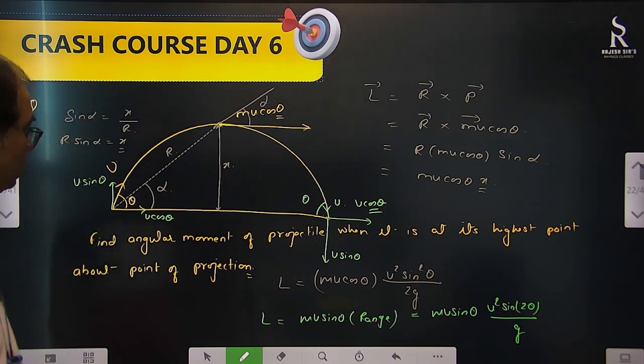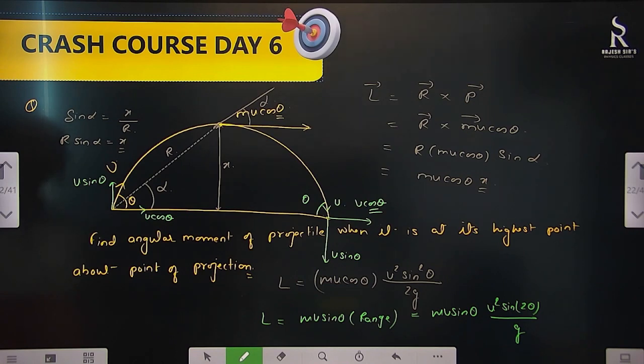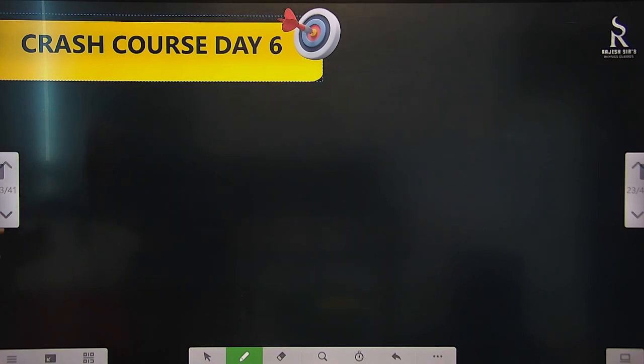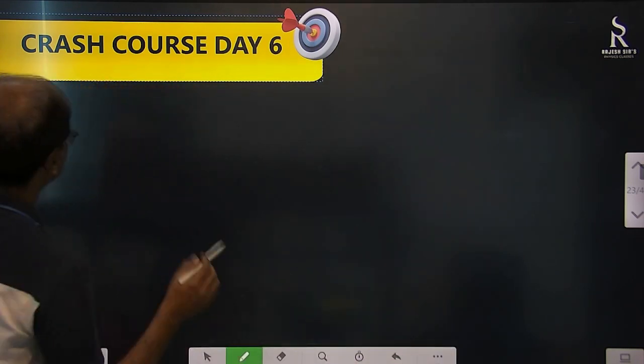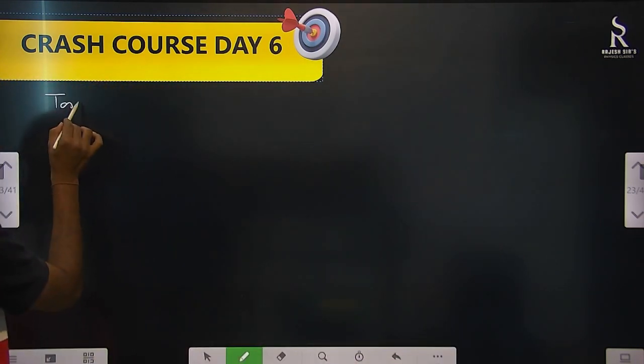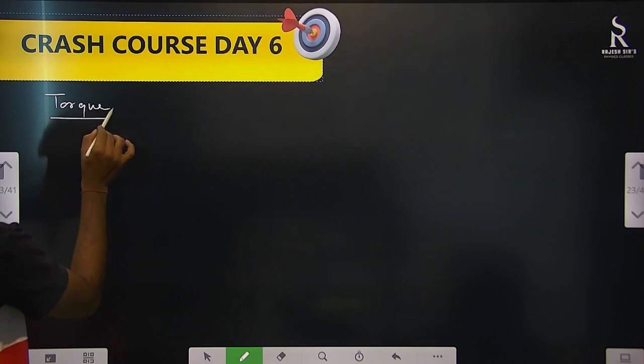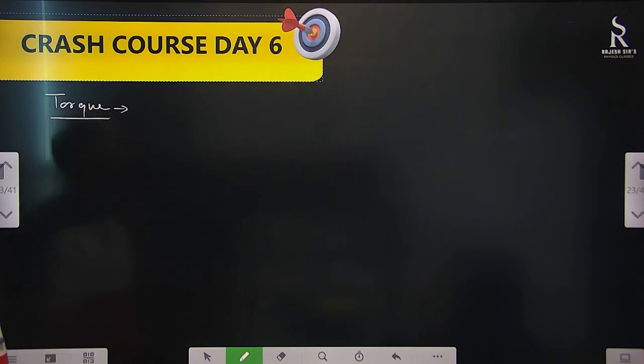Okay, so this is angular momentum. Then let's go on to torque. What is torque? A physical agent which provides rotation to the object.